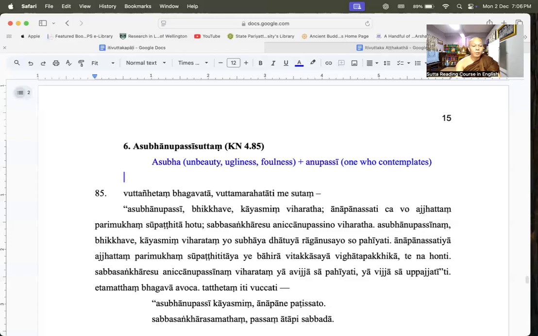So the word Asubha is actually the opposite of Subha. The word Subha means beautiful. Subha originally is an adjective, but in Pali, even though it is originally an adjective, it can later be used as a noun also.